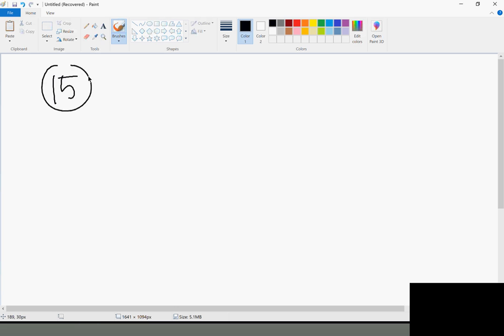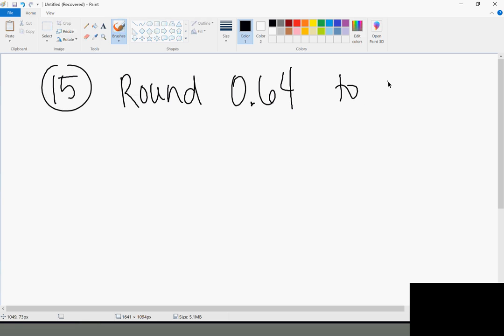Number 15, we're going to round 0.64 to the nearest tenth. Okay, so the nearest tenth will be the first number after the decimal. And so you want to remember that place value chart.